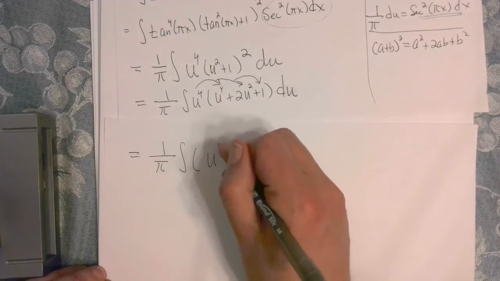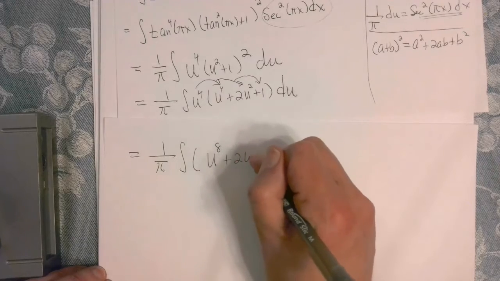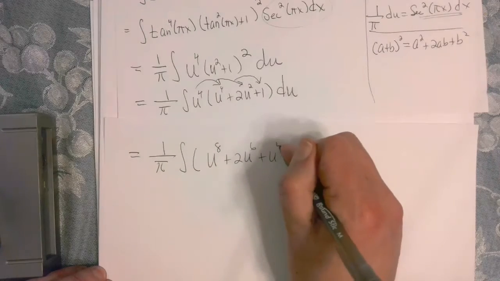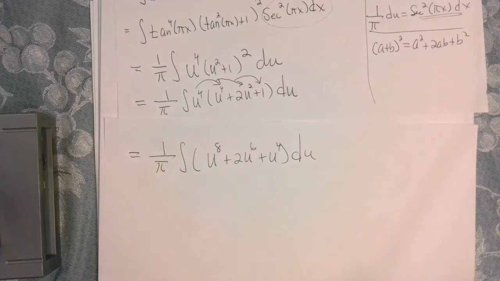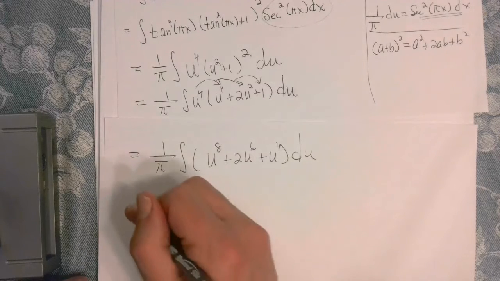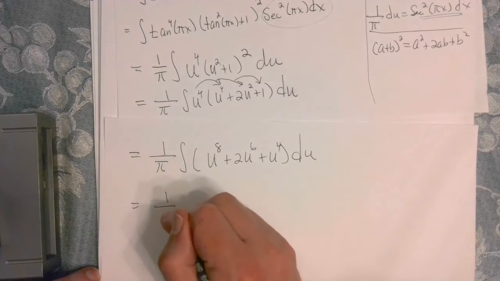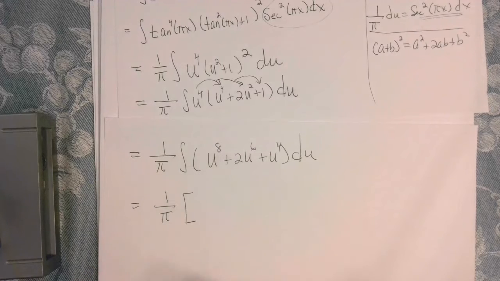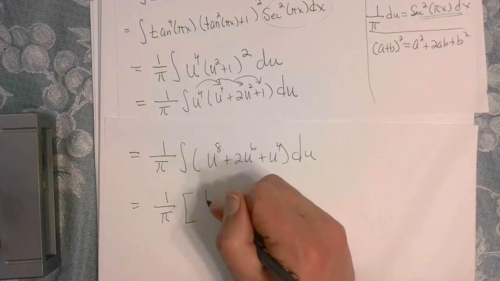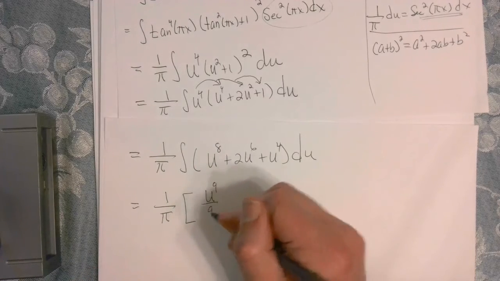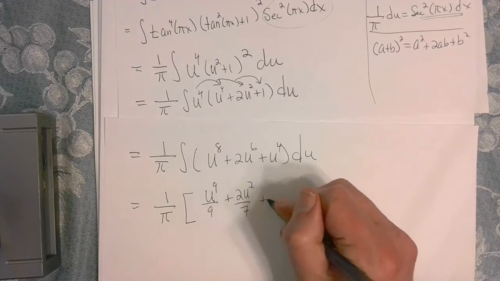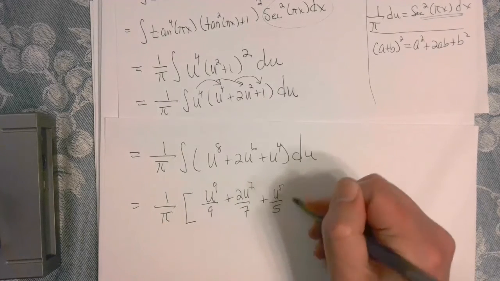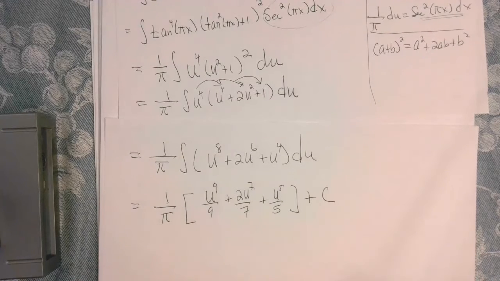So this is u to the 8th plus 2u to the 6th plus u to the 4th du. Okay, so now by the power rule, this is going to give us u to the 9th over 9 plus 2u to the 7th over 7 plus u to the 5th over 5 plus c.